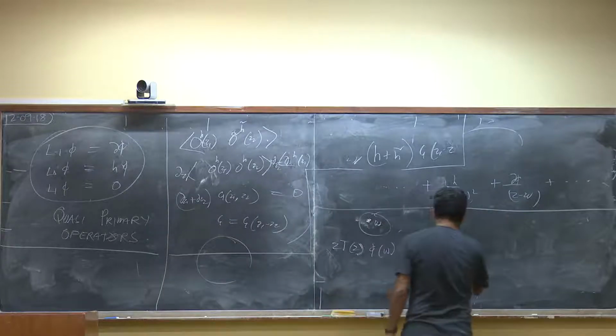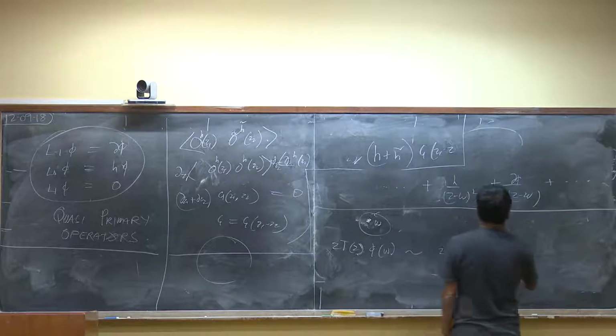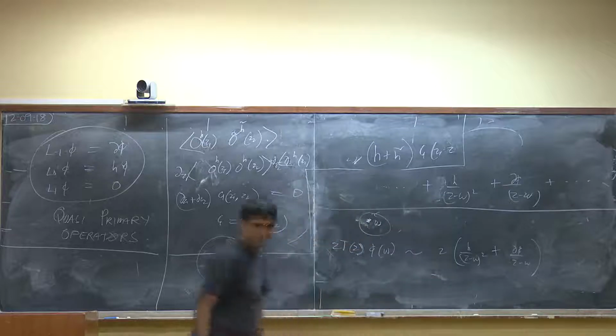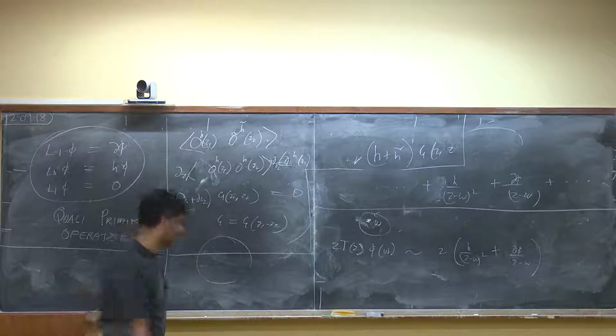So this is Z times H by Z minus W, the whole thing squared, plus del phi by Z minus W.